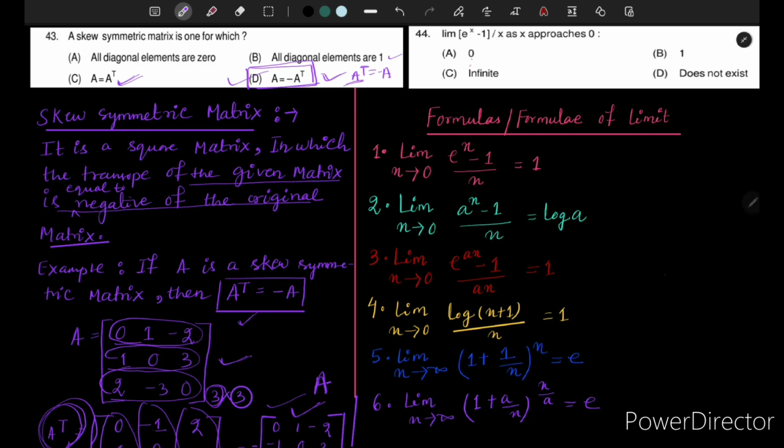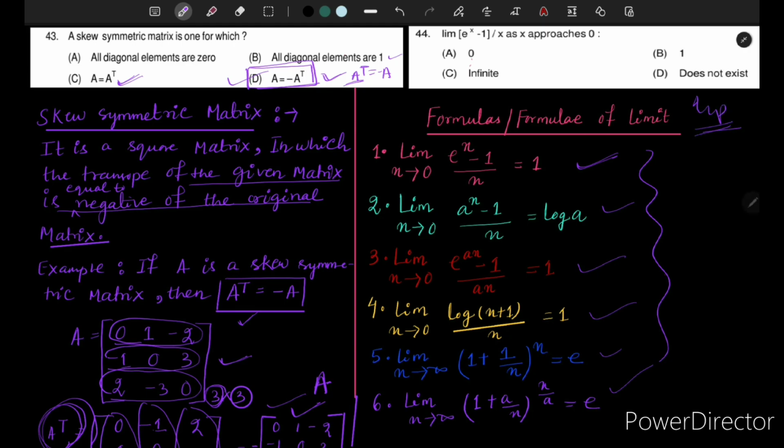You all have to make a note of these formulas and try to remember all these important formulas so that it will be easy to answer the questions.